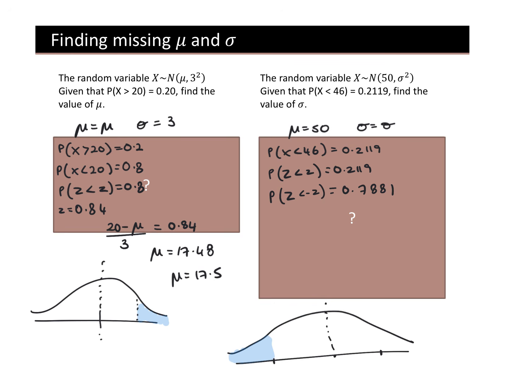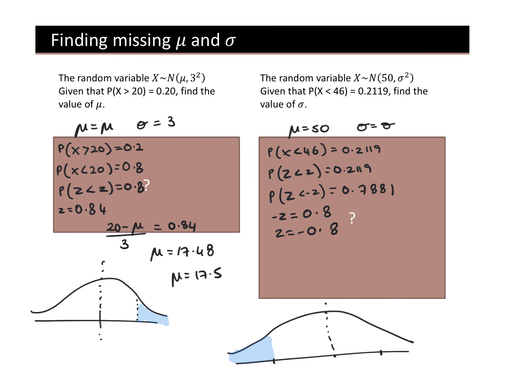Okay, so now I find the z value of that. So minus z equals 0.78. What'd you get? 0.8, yeah, it's given us the exact value, hasn't it? Which is 0.8. Okay, so what does this mean? That our z is actually equal to minus 0.8.